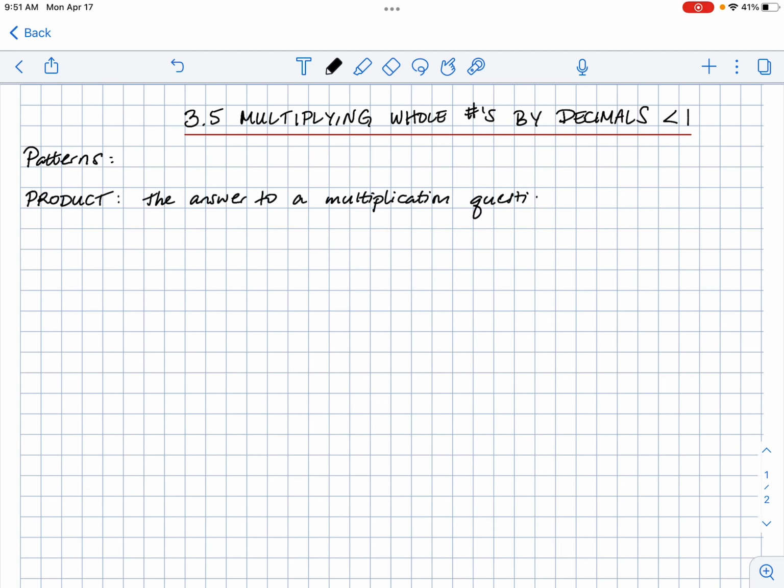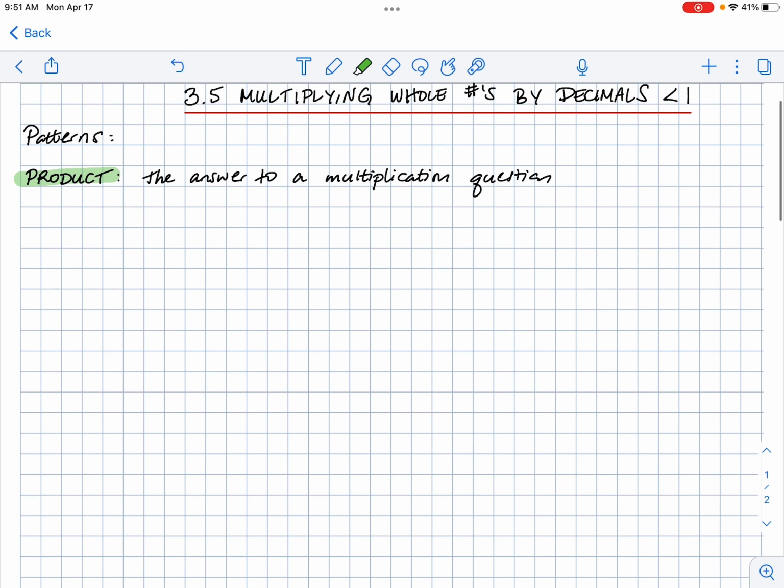That's something you should have encountered in previous years, but we always review vocabulary because it's important. Now, I want you to focus on the patterns that you see in the series of equations we're going to write down.